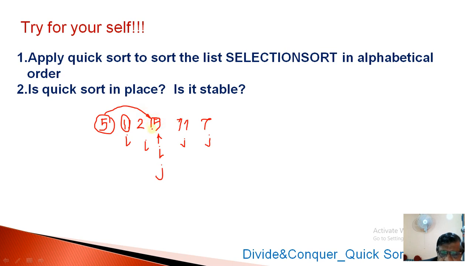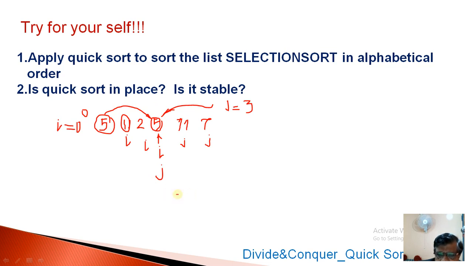In the initial unsorted array, this element carried its positional value equal to 0, that is i equal to 0, and this equal valued element carried its positional value 3, j equal to 3. Upon the partition, this 5 will occupy this particular place.